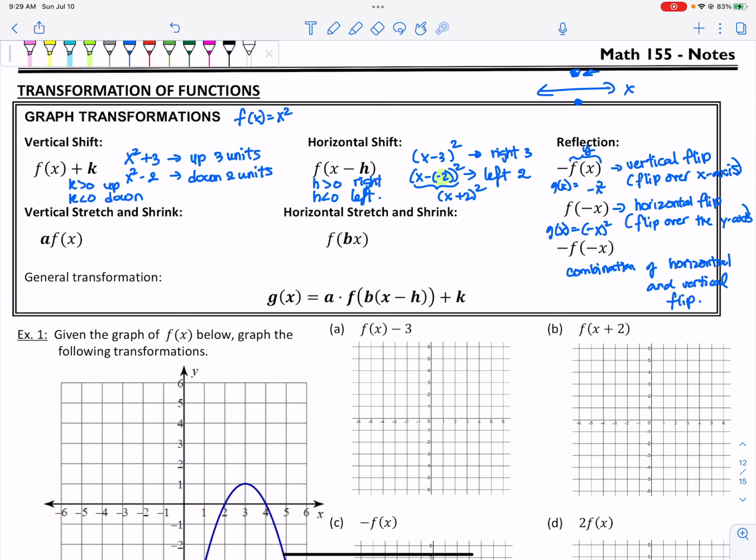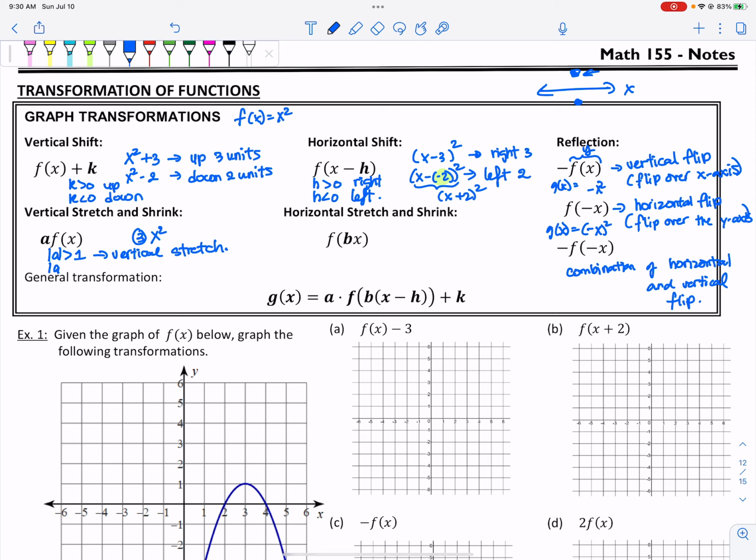Next, let's take a look at what happens when we have a number multiplied to f of x. For example, we have, let's say, 3 times x squared. What that 3 does, it's going to give us a stretch vertically. So if the absolute value of a is bigger than 1, then we're going to have a vertical stretch. For example, a is equal to 3, a is equal to negative 3.